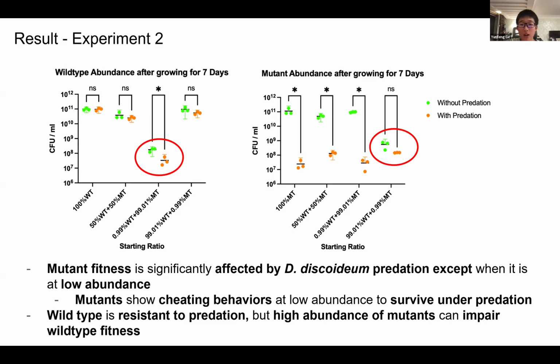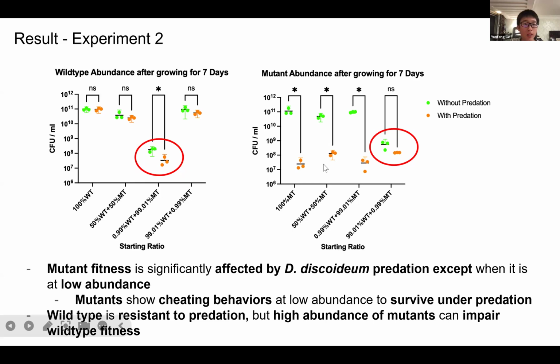And that shows a very interesting behavior of the mutant. It's like cheating on the wild type to survive under predation. Specifically, it's like using the antibiotics produced by the wild type to repel predators.